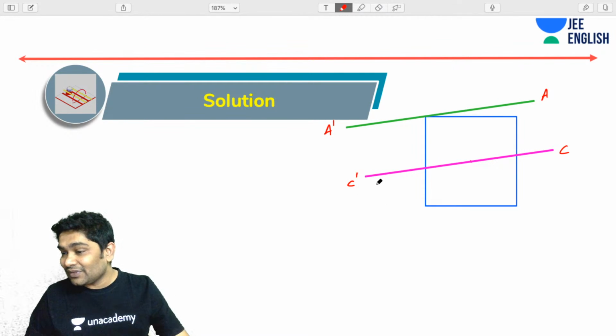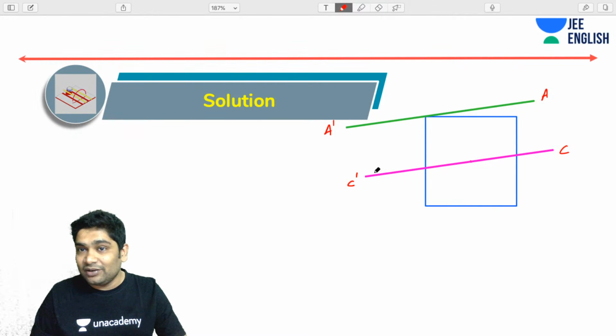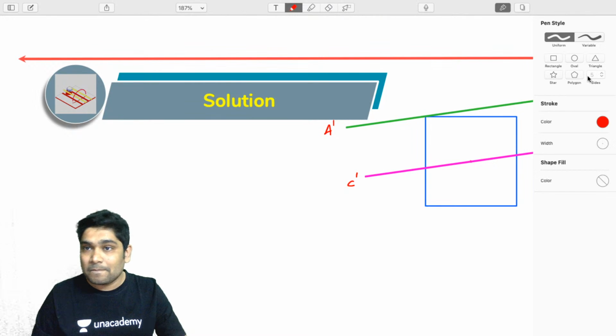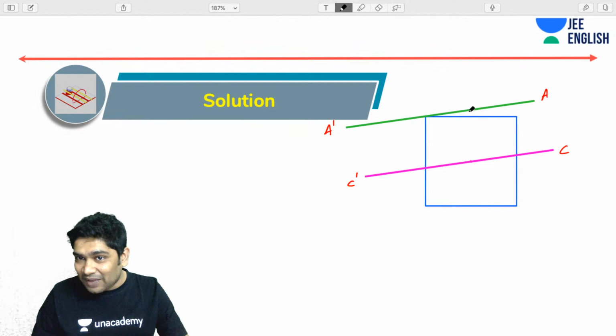Okay. So first, can you tell me what is ICC dash? What will be the moment of inertia about the axis CC dash, which is parallel to AA dash and passing through the center?